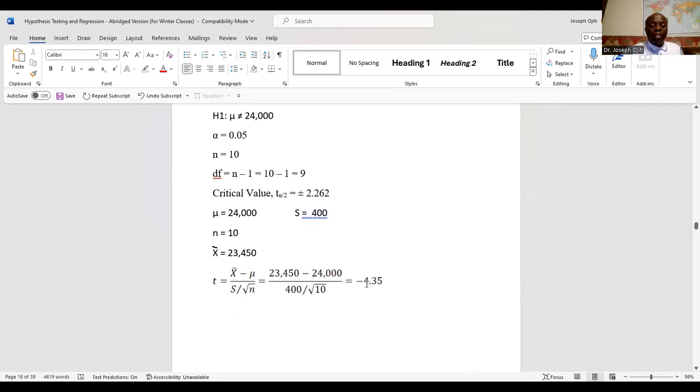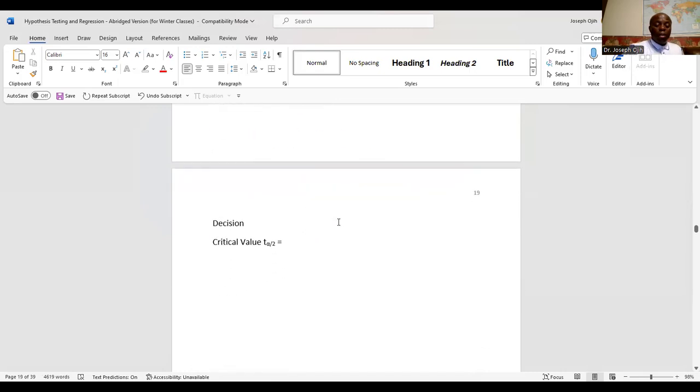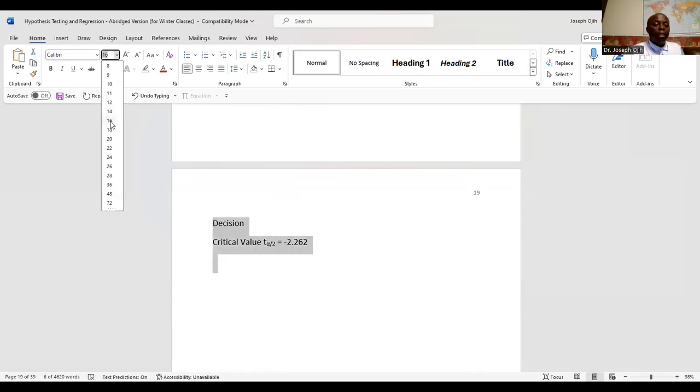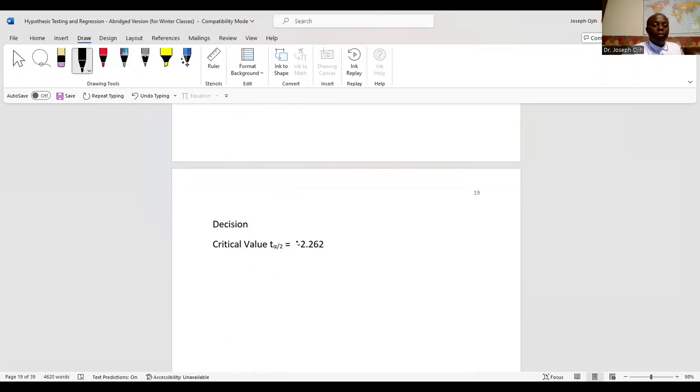So since our answer is negative, I'm going to consider negative 2.262, but I'll be using the absolute value. You know how we do it? We draw two lines around it. The absolute value of this number equals 2.262.